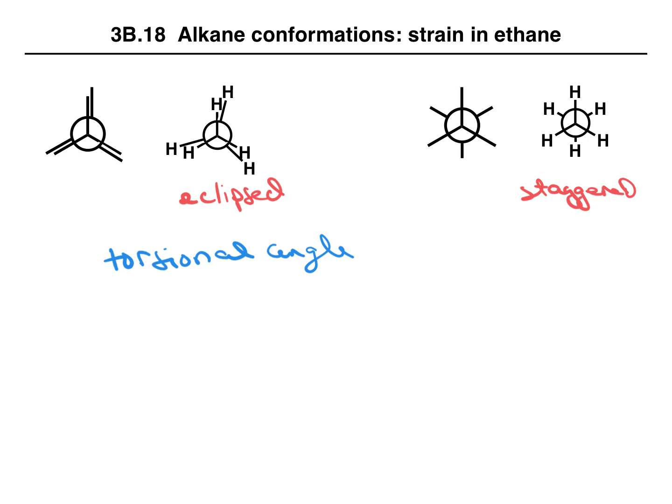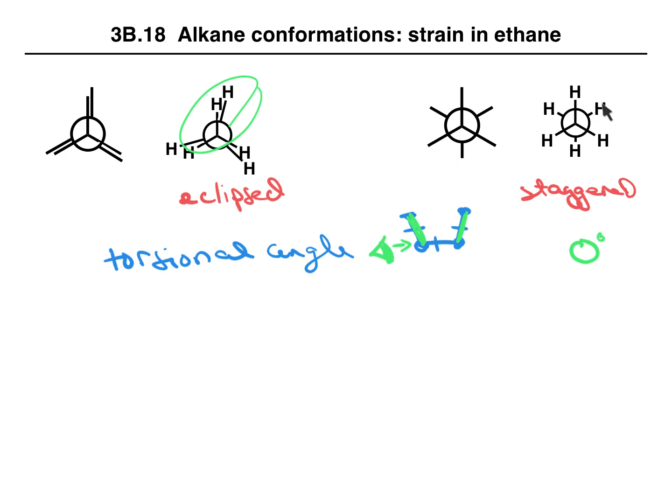So anytime we have three bonds, so this is whatever atom, this is whatever atom, this is whatever atom, this is whatever atom. If we are looking at 1, 2, 3 bonds, then specifically we focus on these two bonds and we want to consider their angle with respect to each other. So looking at them down this way, if they are aligned on top of each other, which is what we have in an eclipsed conformation, then the torsional angle is 0.